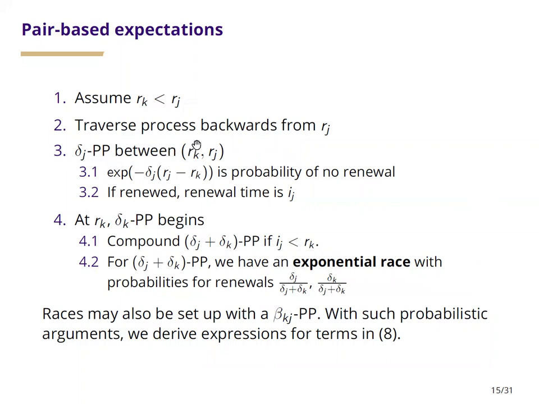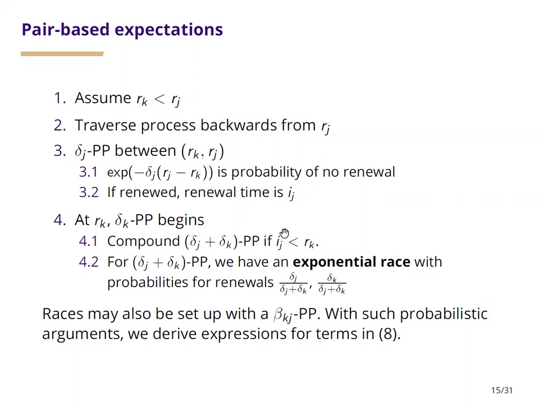So between this interval Rk to Rj, we only have this delta J Poisson process, so this jth Poisson process. Now we have a probability for no renewal in this interval for the delta J Poisson process. Now, if there's a renewal, but we know that this renewal is infection time ij because the case process hasn't started. Then at time Rk, we'll begin the delta K Poisson process.